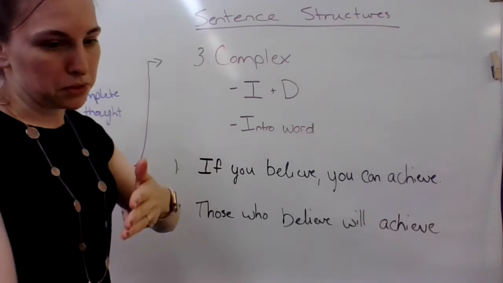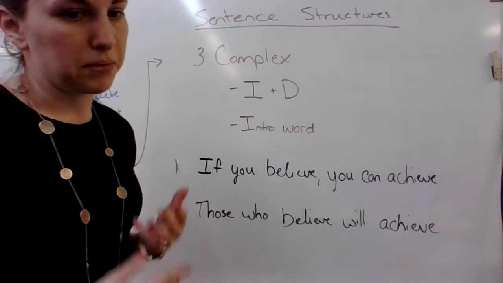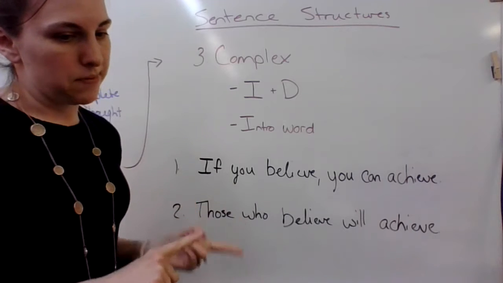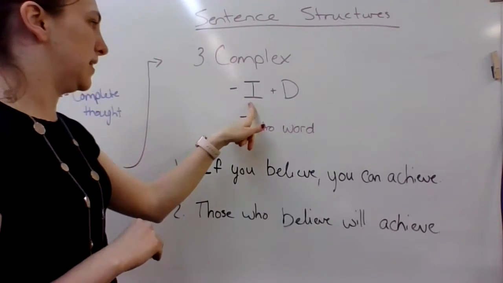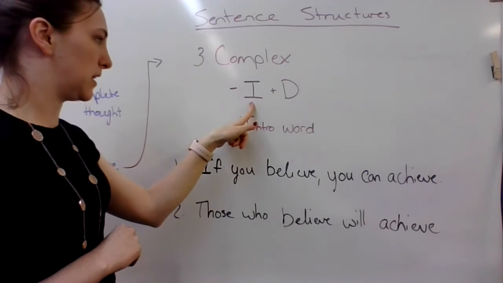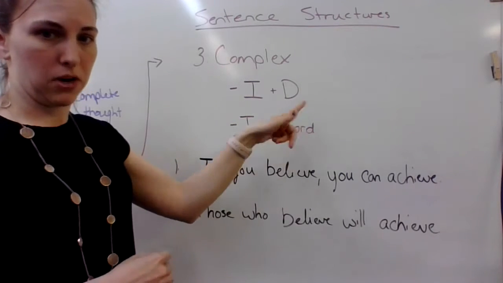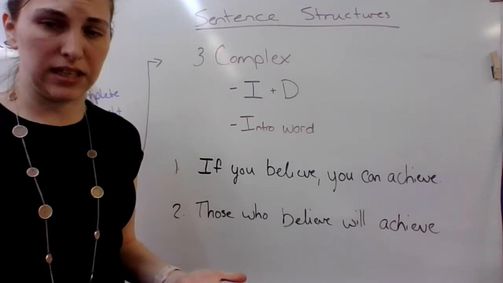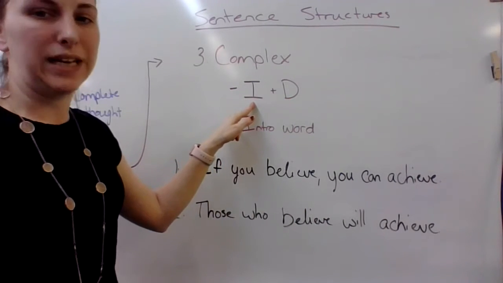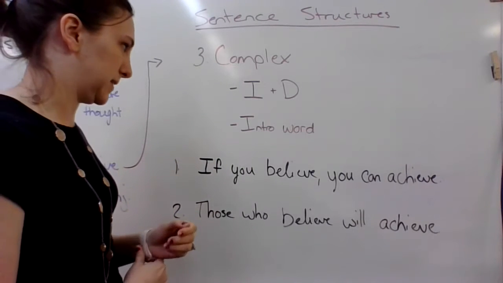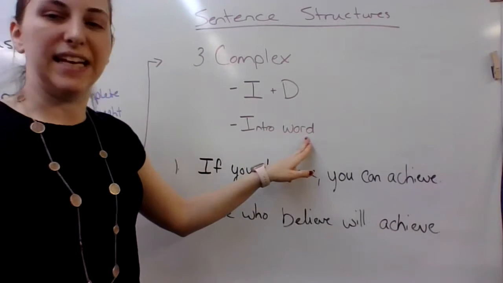In your book, it says a complex sentence is one independent clause and one or more dependent or subordinate clauses. So I have that right here, an independent clause and a dependent clause. Remember, dependent clauses can't exist by themselves. They would be a fragment, so they have to be joined to an independent clause, or just a regular sentence. And they will always have an introductory word.